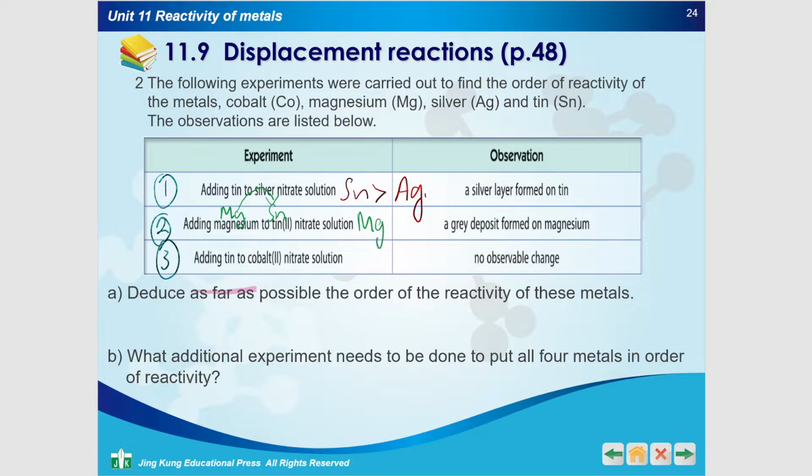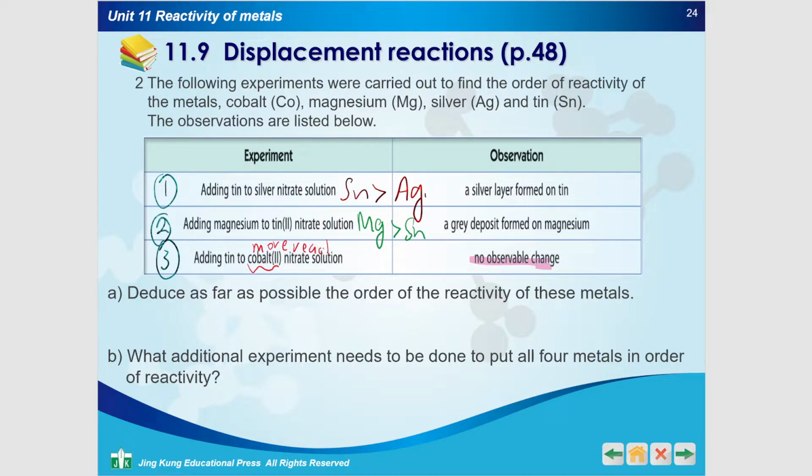So Mg is more reactive than tin. The last one, adding tin to cobalt nitrate solution, there is no observable change. What does it mean there's no observable change? That means tin is not able to displace cobalt. That happens when the metal in the solution, that is cobalt here, is more reactive.